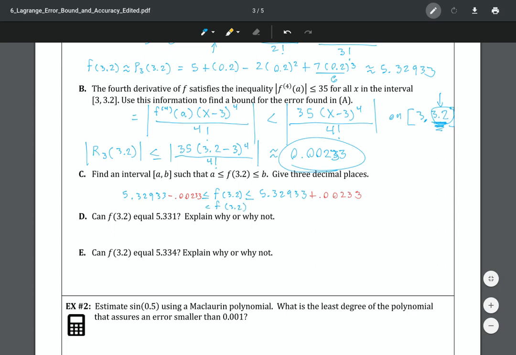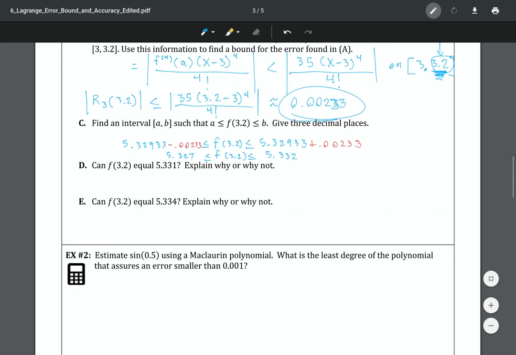So just subtract that and add that on your calculator, and you get 5.327, 5.332. Okay. Now it says, can f of 3.2 be equal to, okay, so just look at it. Is this number in that interval, in that range? And it is. So yeah, it can be.